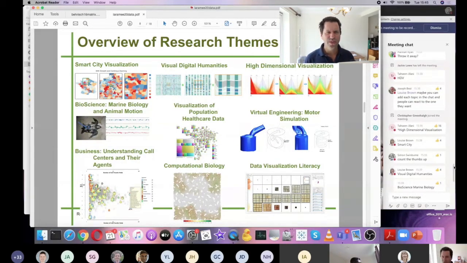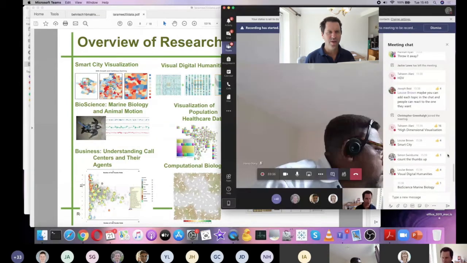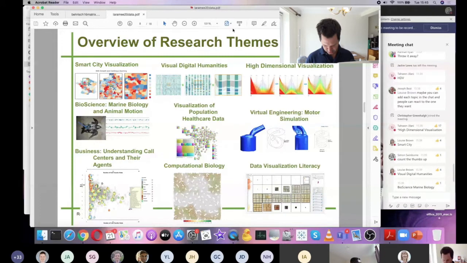So we have 17 that have voted for high dimensional visualization apparently. And we have 4 for smart city. Let me count the thumbs up. Visual digital humanities is 5.